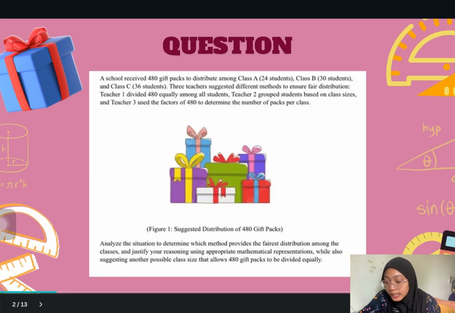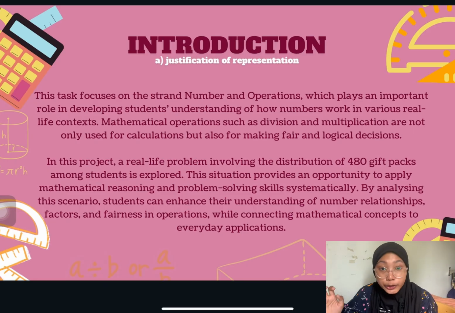The question says, analyze the situation to determine which method provides the fairest distribution among the classes and justify your reasoning using appropriate mathematical representation, while also suggesting another possible class size that allows 480 gift bags to be divided equally. We move to the next slide, which is the introduction and justification of representation.